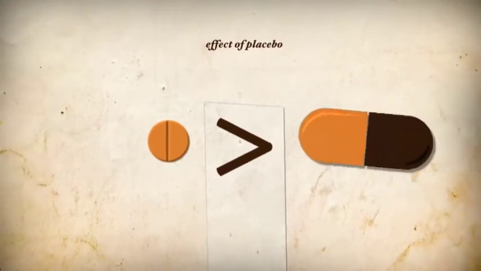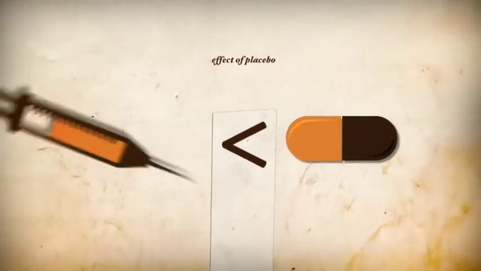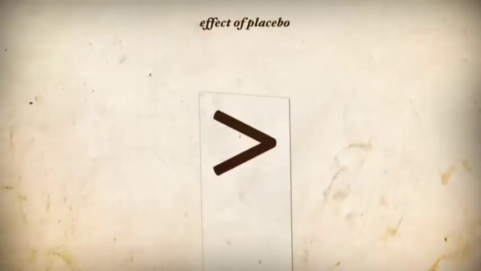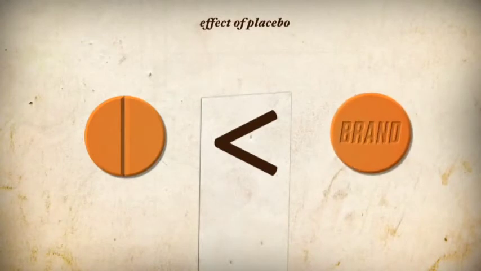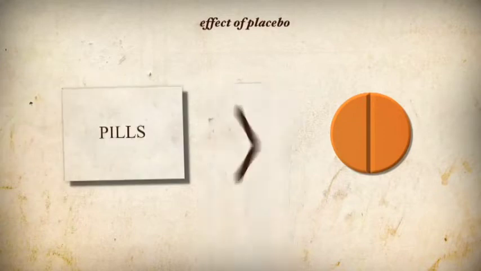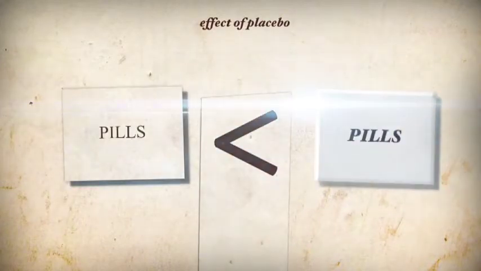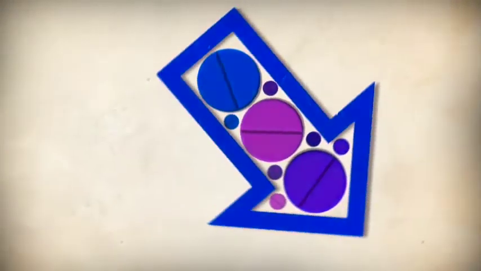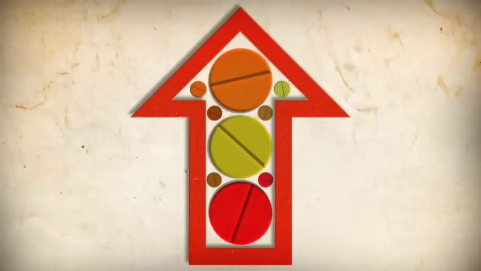And a capsule will usually beat a pill. And a syringe will usually beat a capsule. And anything with a big science machine can outperform any of them. A plain pill works worse than a branded one. A discounted pill works worse than a pricey one. And even a pill in a plain box does worse than one that's all shiny. Placebos that are blue work best as downers, and placebos that are red are better as uppers.